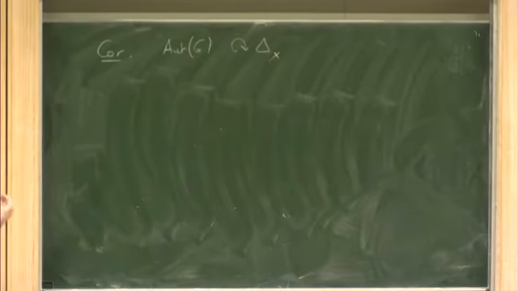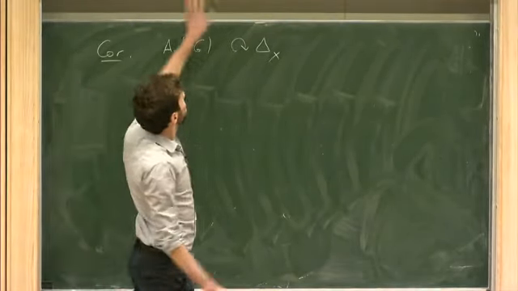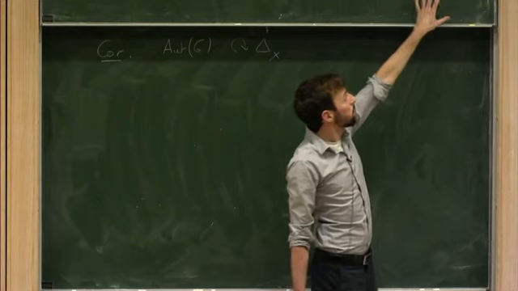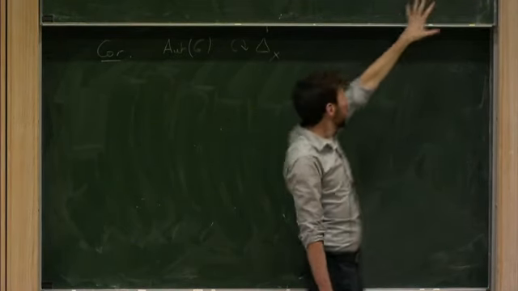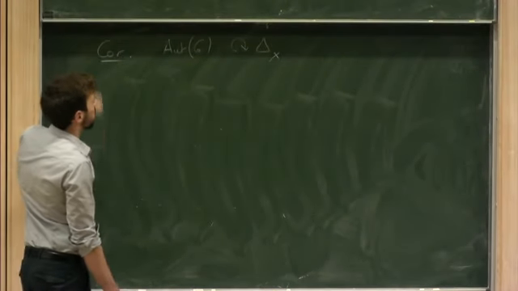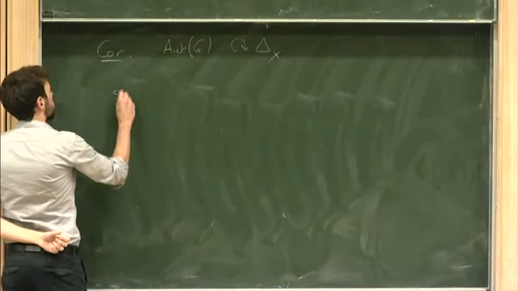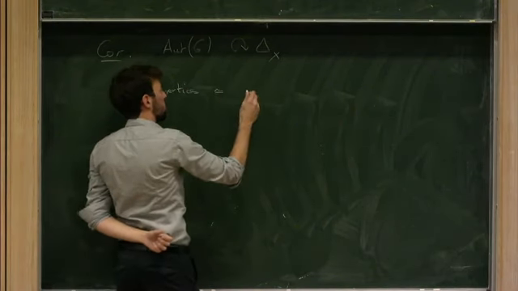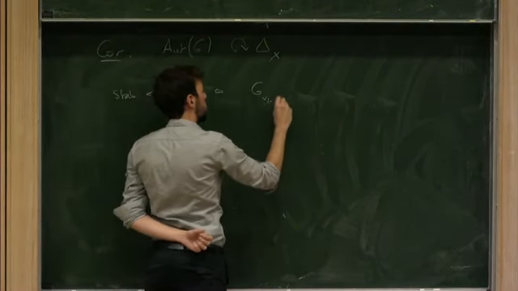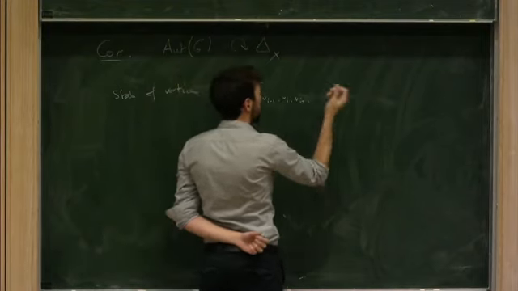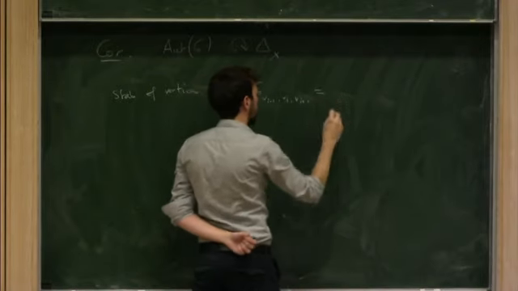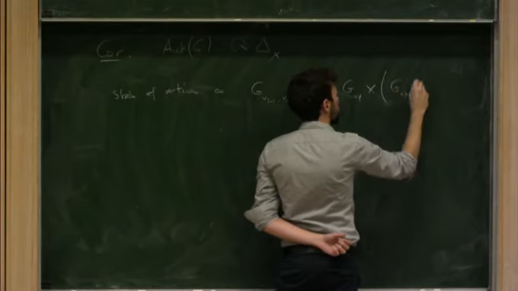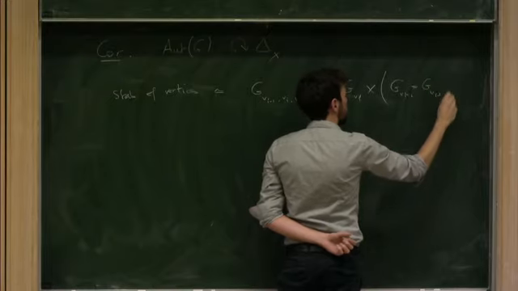So how does one see that? From this proposition, we see that the stabilizers of vertices are, up to conjugation, of the form v_{i-1} v_i v_{i+1}, which by definition of the graph product is just G_{v_i} direct product with G_{v_{i-1}} semi-direct G_{v_{i+1}}.